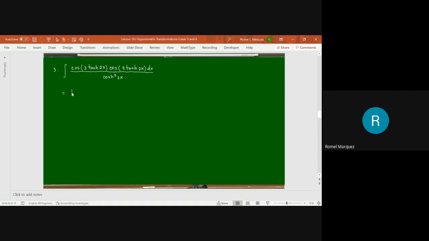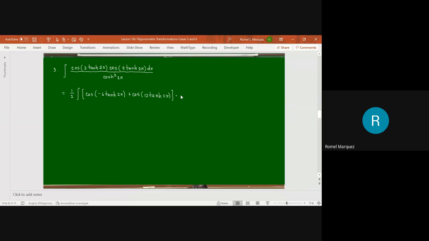First, let's apply the identity for cosine. 1/2 integral of, for cosine it is still cosine, no? Cosine of the difference, 3 minus 9, negative 6 hyperbolic tangent of 2x, plus cosine of the sum, 12 hyperbolic tangent of 2x, times dx over hyperbolic cosine squared 2x.